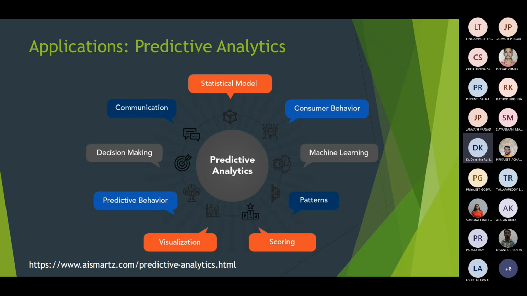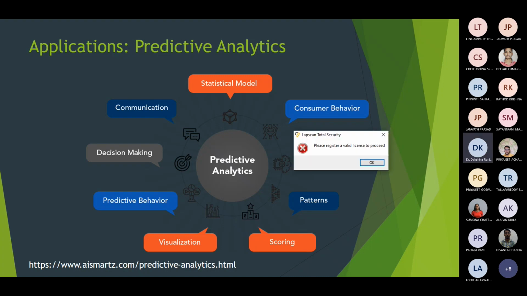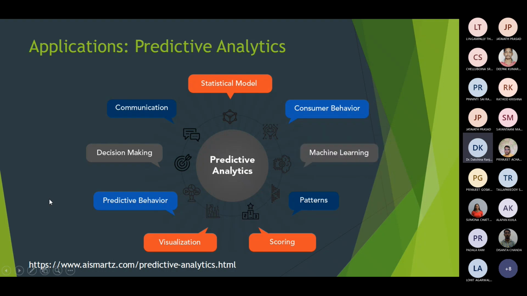Then we use predictive analytics in visualization, and in decision making and communication. So these are the different areas where we can use predictive analytics to get the outcome in terms of classification, regression, clustering, and anomaly detection.